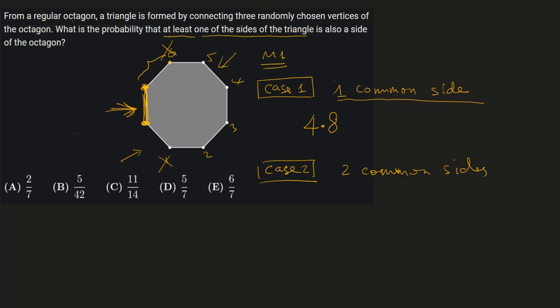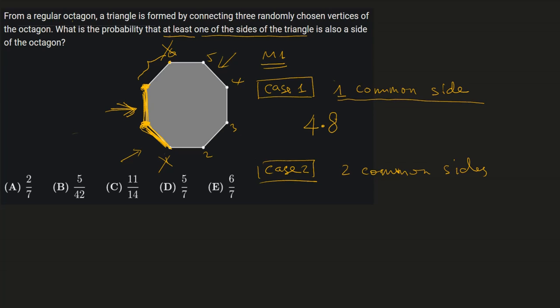In case 2, we'll consider the scenario that the two shapes have 2 common sides. Then a good starting point is that these 2 common sides are adjacent. For example, these 2 common sides. These 2 common sides are adjacent, and the 3 vertices are determined as well.